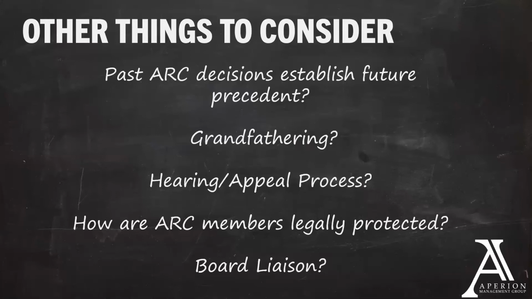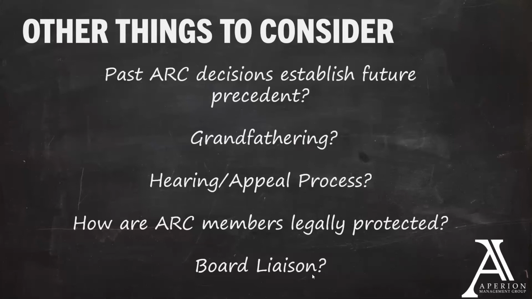So if you have directors and officers insurance for your association, which I'm sure that all of you do, your ARC committee and its members are also going to be legally protected under that insurance plan from any individual litigation. So if someone's going to sue over an ARC review, they're going to sue the association and not individual members of that committee or the board.